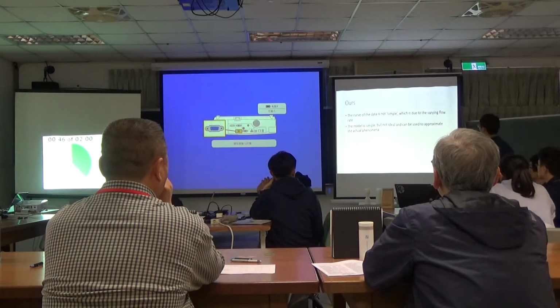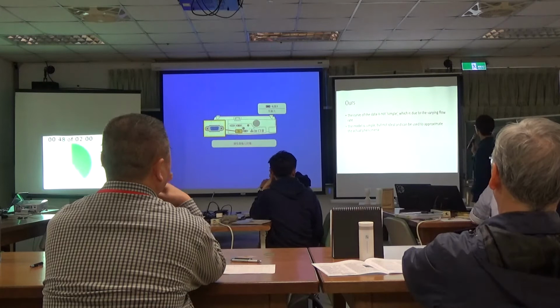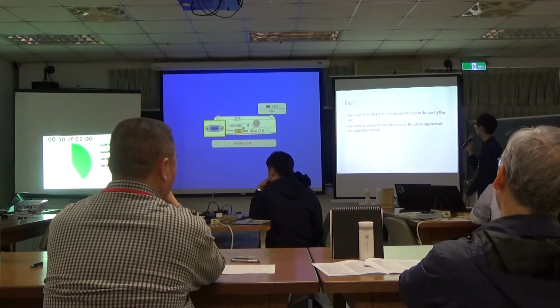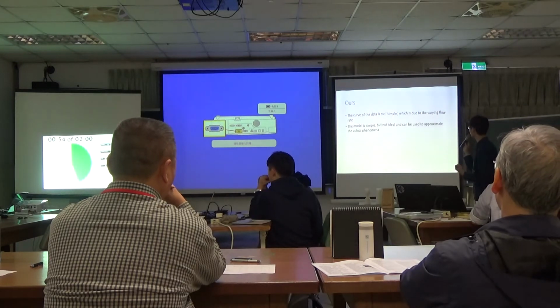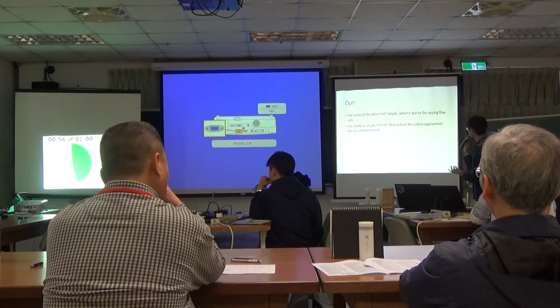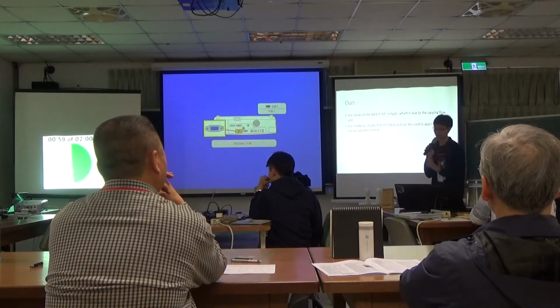As for ours, the curve of the data isn't simple or stable, which is due to the varying flow rate. And the model is simple but not ideal, but can be used to approximate the actual phenomenon.